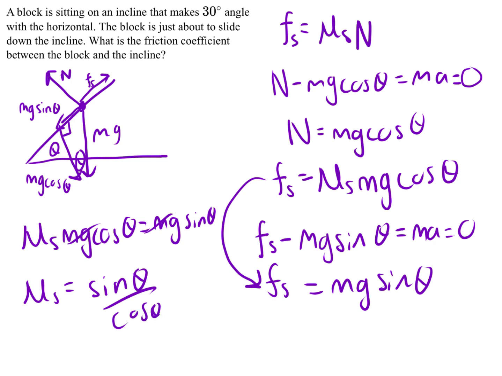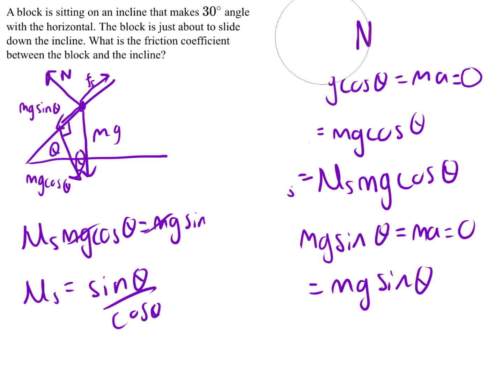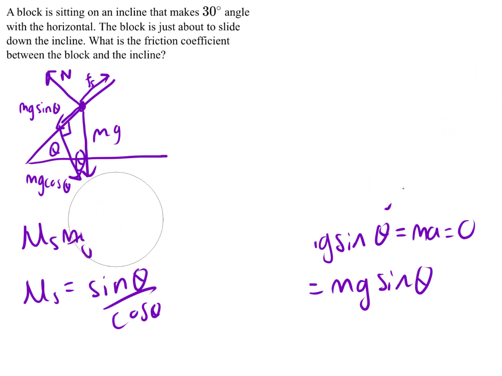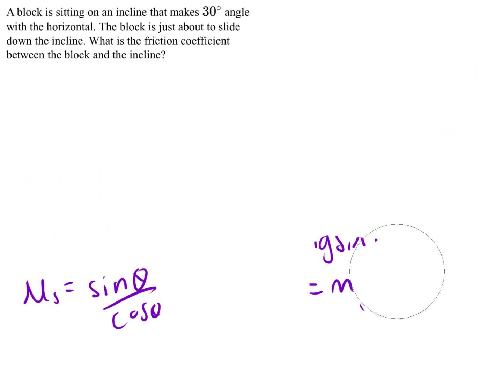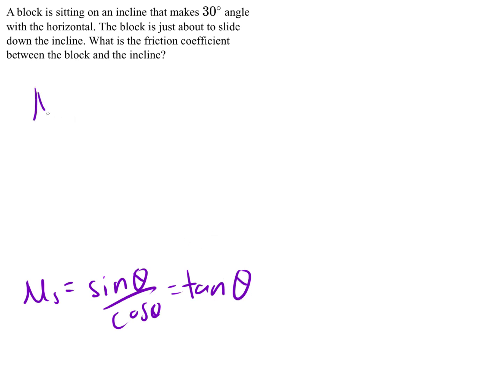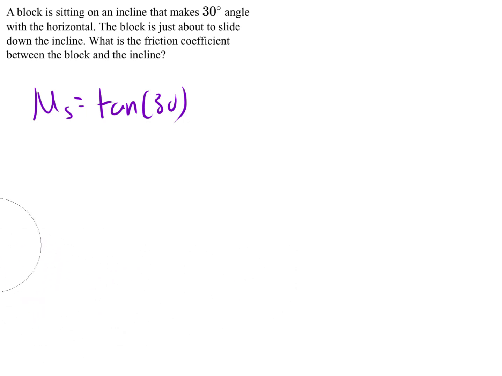And you might remember that that is, hold on, let me erase all of this. You might remember that that is simply equal to the tangent of theta. Okay, so now that we've got that, we can plug everything back in. It is equal to the tangent of 30, and this is simply sine 30 over cosine 30.